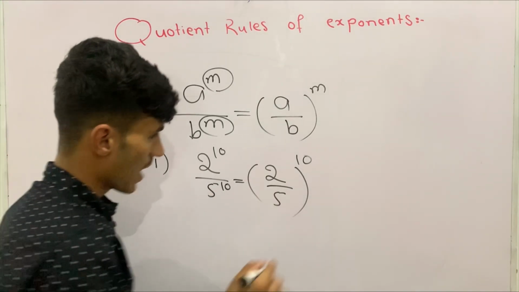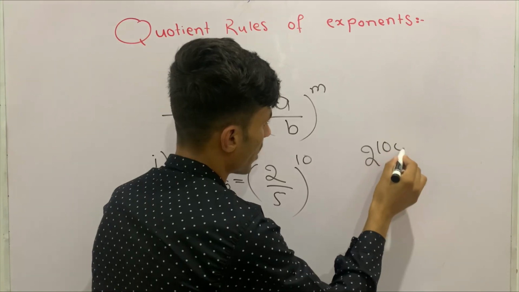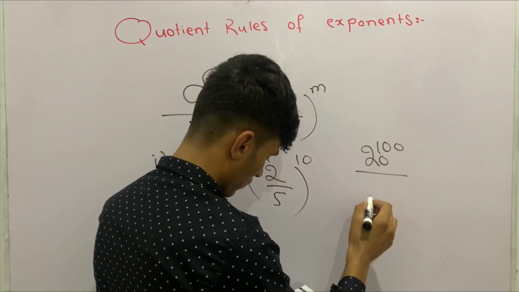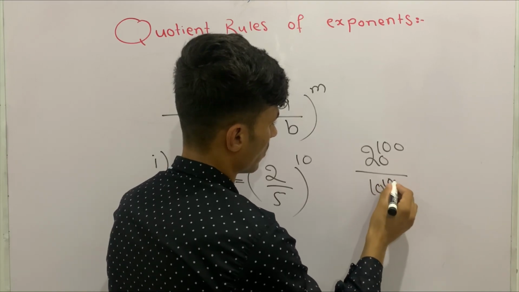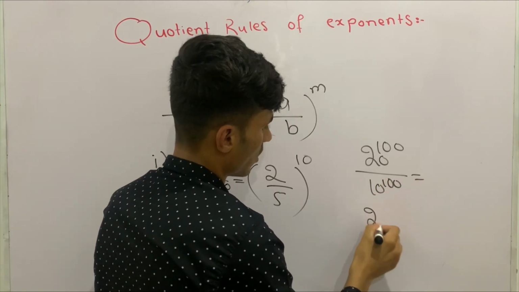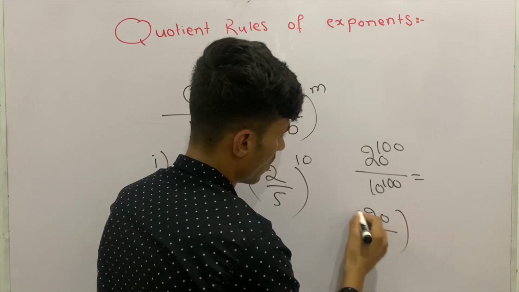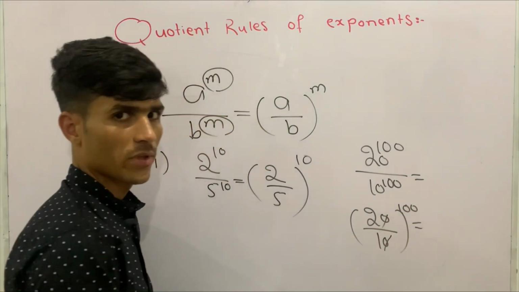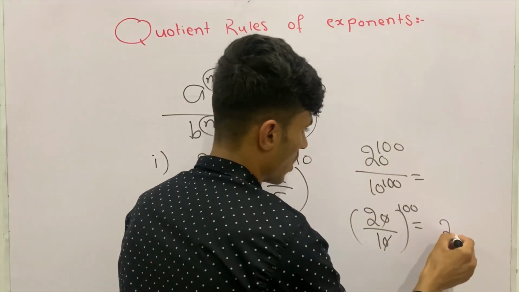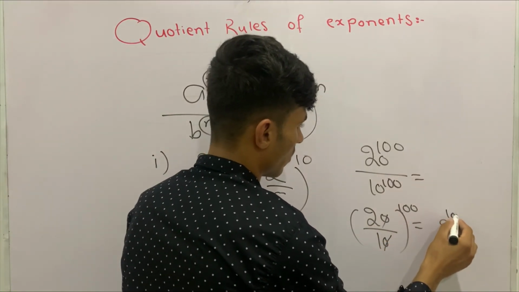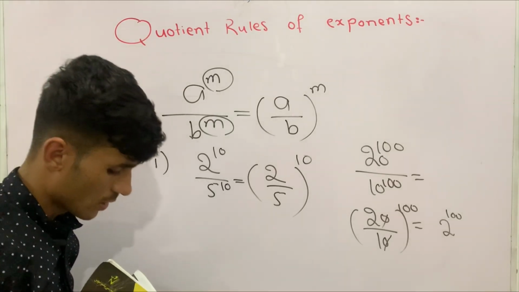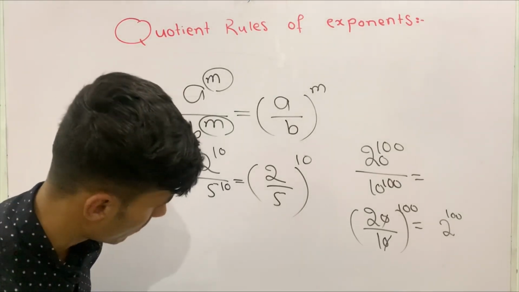Look at the next example. 20 to the 100 divided by 10 to the 100. So it becomes 20 over 10 whole to the 100, equals 20 over 10, 0 cancels out with a 0, 2 divided by 1, 2 to the power 100. Okay, that becomes the final answer of the given problem.